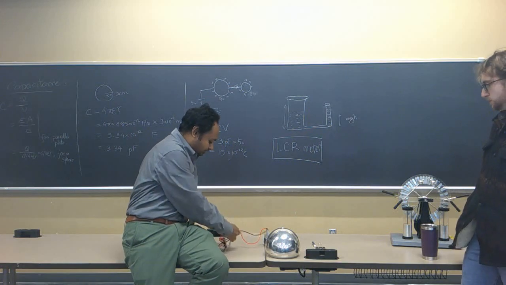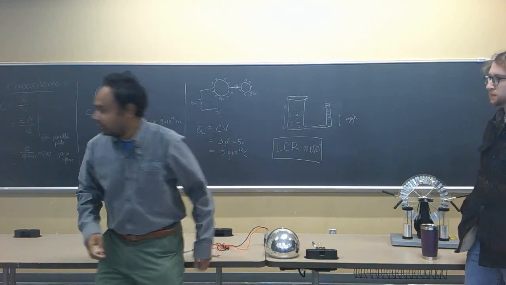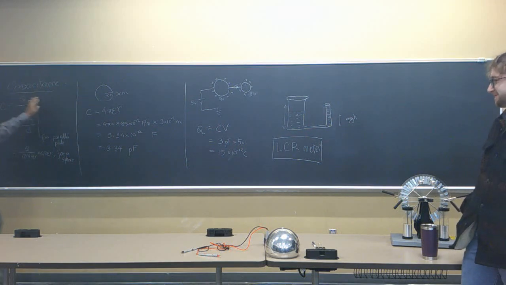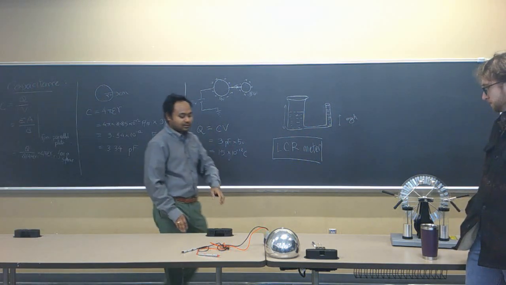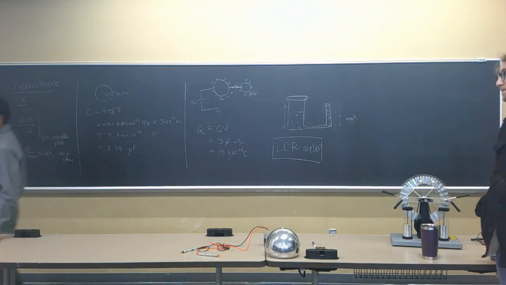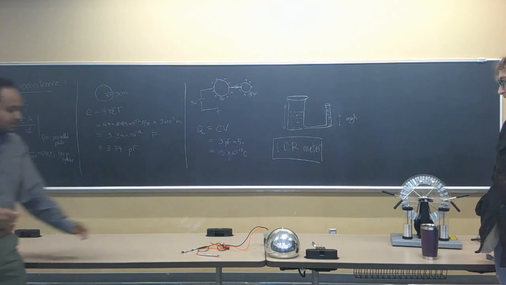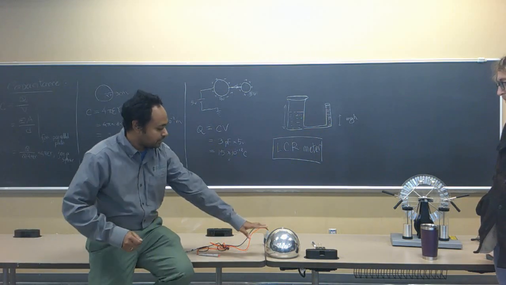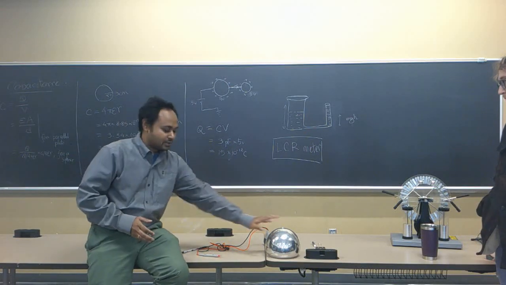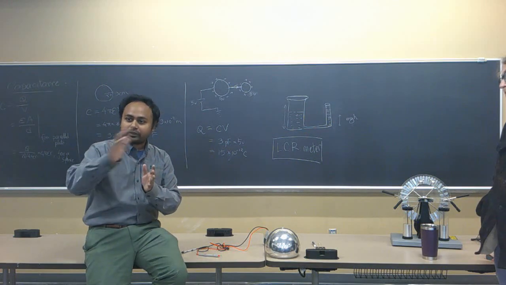Remember that in order to measure capacitance, we need to apply some voltage and we have to measure the charge, right? Now, the LCR meter has a battery inside it. So whenever I touch the probe on this capacitor, it applies a voltage on it and measures the current.